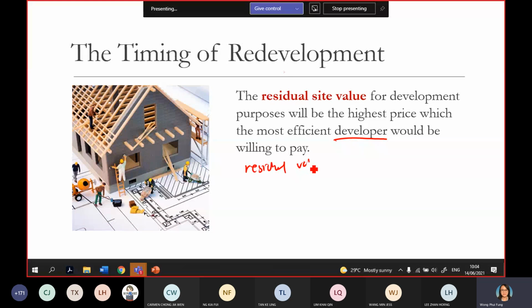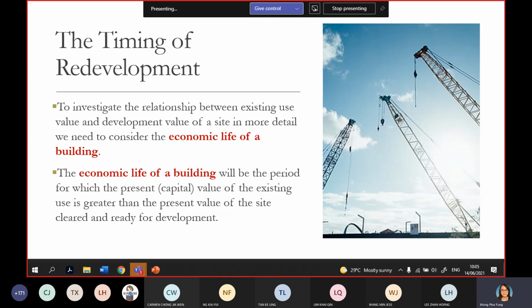From the residual value, you will know the maximum land cost that you need to pay the landowner. That is also your assignment. Your assignment is asking about residual value. You have to perform a residual valuation to determine the land cost that you are going to pay for that piece of land in the assignment.